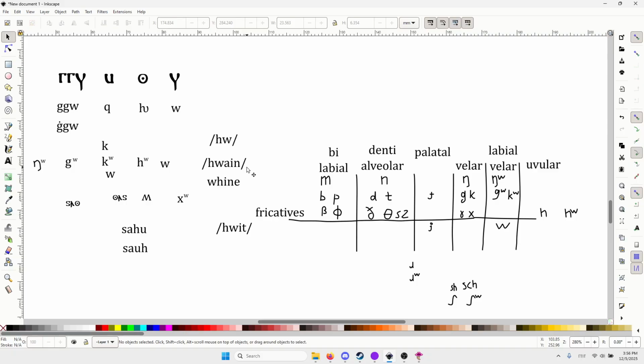So, in English, when we say quite, you might notice that your lips start apart, k, and then go to wa, quite. These are two separate sounds being pronounced in sequence, whereas in a word like right, there's nothing like that.